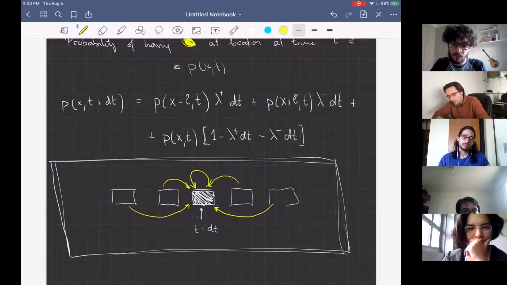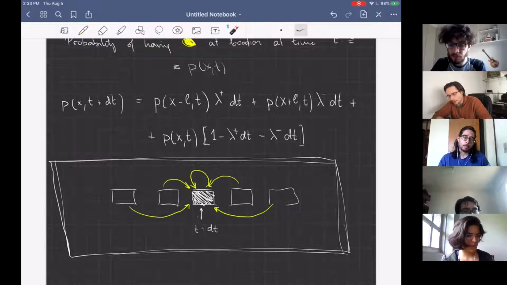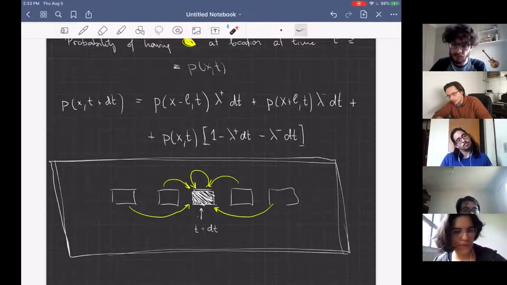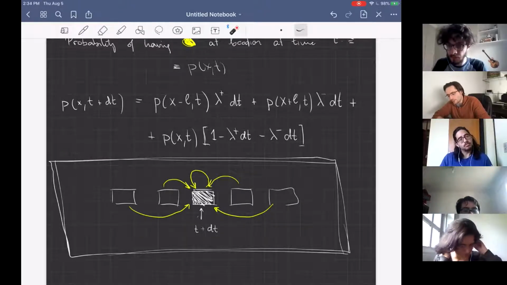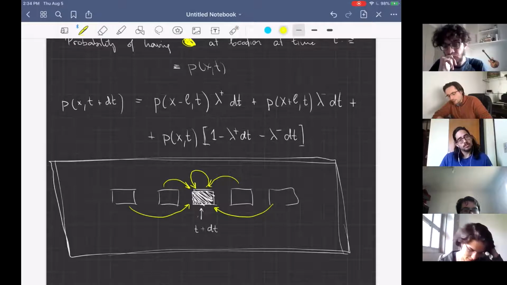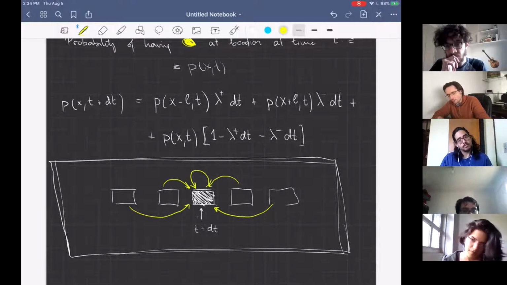Okay, let's simplify things a little bit. The probability of jumping, well, it's not important.